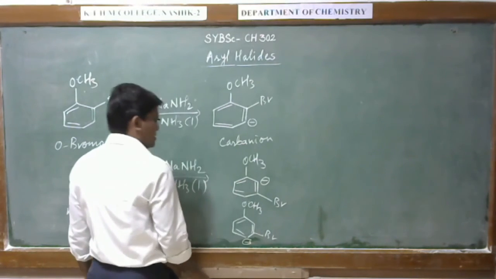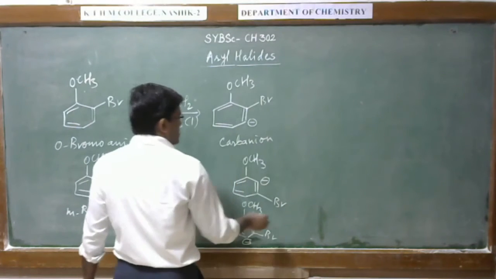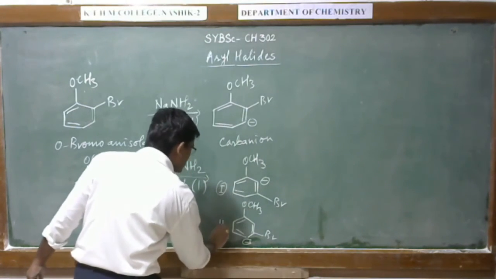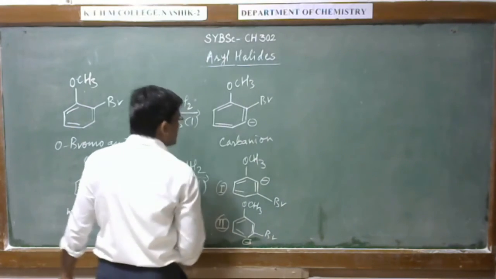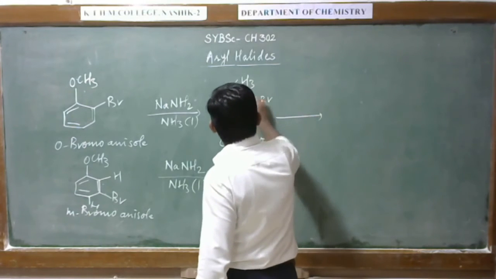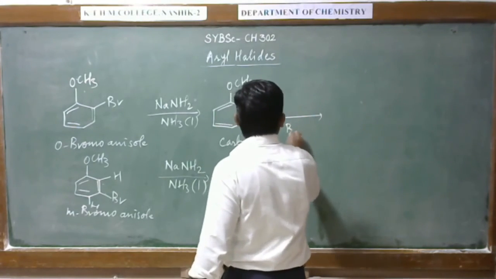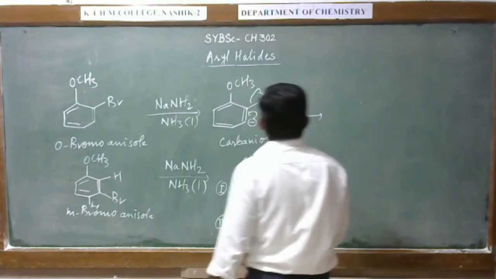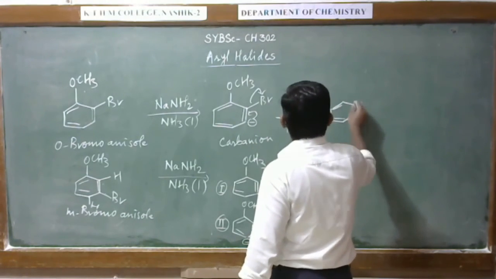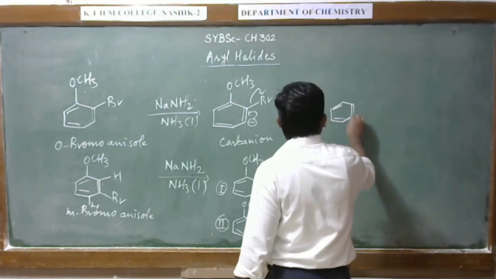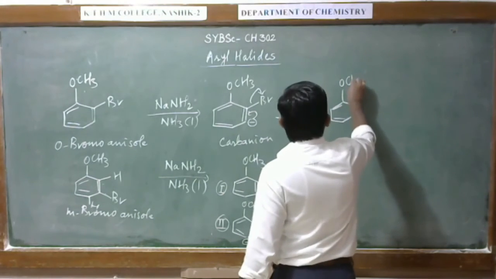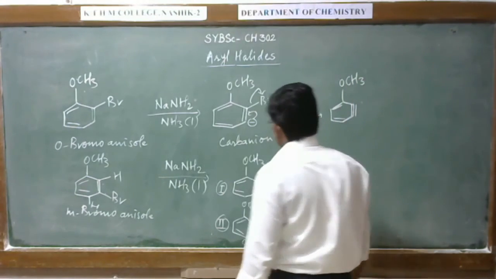Here, okay, this one carbon ion and this two carbon ion. In this case, now this bromide ion will depart, okay. So this benzyne will form like this.